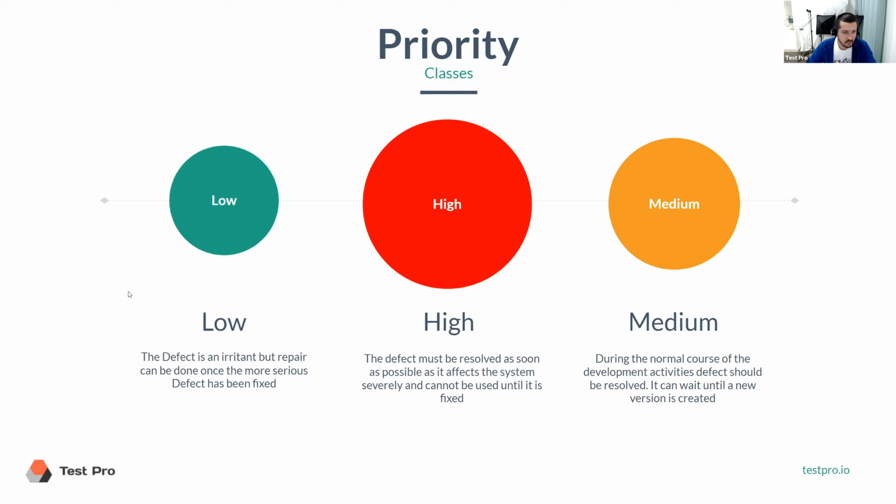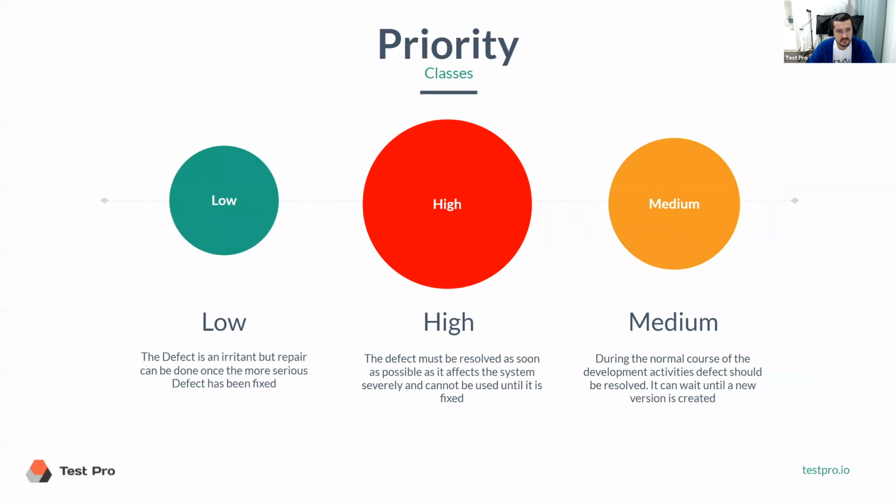And the low priority is kind of, yes, the defect is there, but it's not that serious. Sometimes those defects, from my experience, can sit in a backlog waiting for resolution for a year or so.